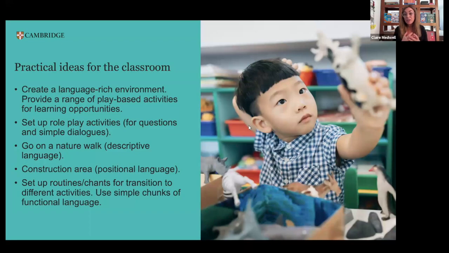It could be talking about the colour of flowers, the texture of leaves, even counting the petals on flowers, and maybe taking back leaves or flowers to create a collage or do a stencil, which can then be displayed on the classroom wall. Construction area for positional language. Put the red brick on the blue brick. Put the green brick next to, on top of, under.